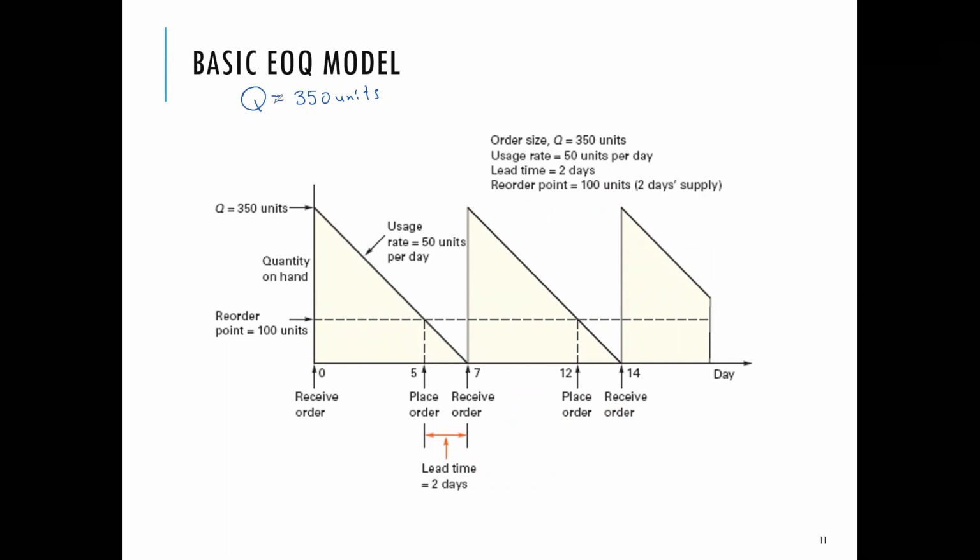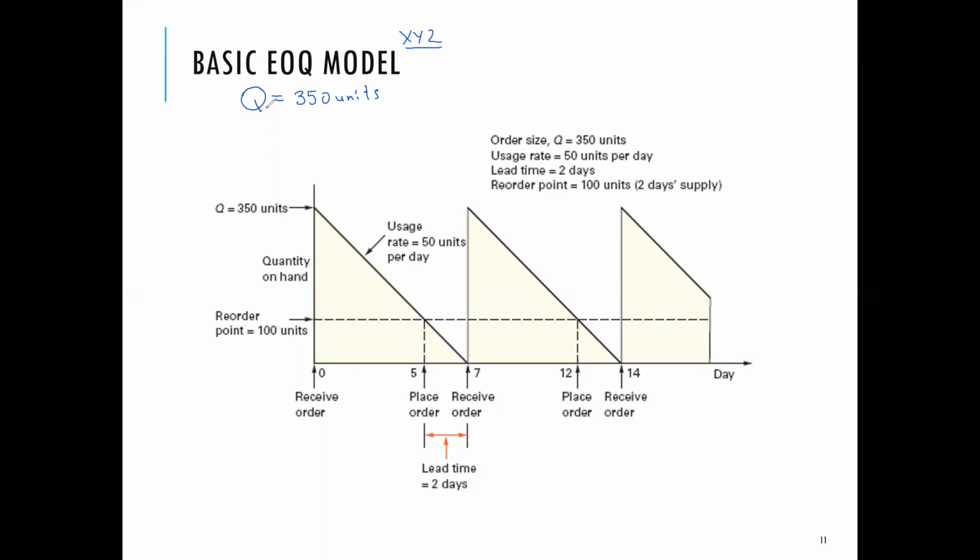For example, if we have an item XYZ and we order it from a supplier in 350 units every time, then 350 units is what we call our lot size. Lot size is your typical order size.